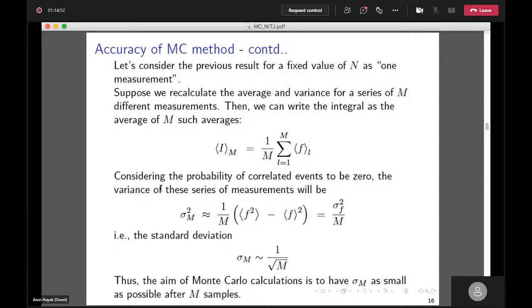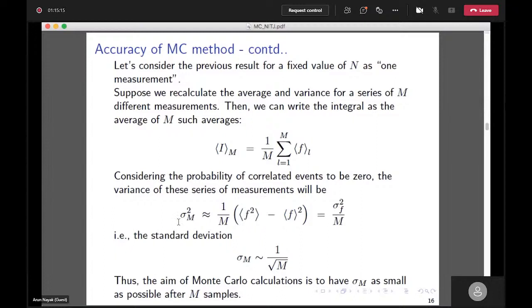And then if we consider the probability of correlated events to be 0, that every time we are actually generating a new sequence of numbers, there are no repetitions, no correlations between different sequences, then the variance of this series of measurements can be written as 1 over m times the variance of individual measurements.